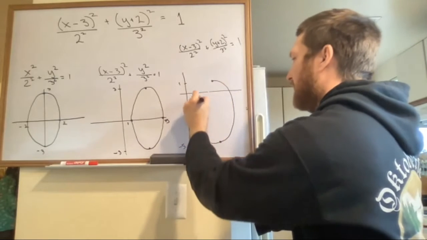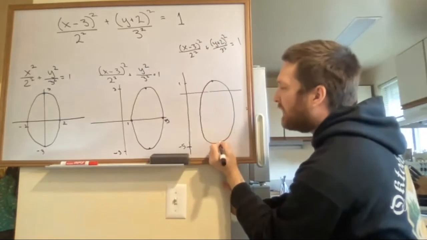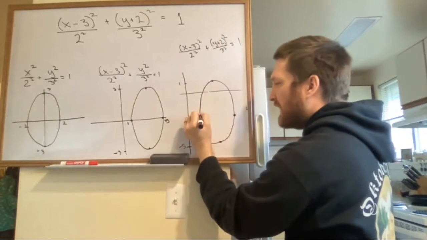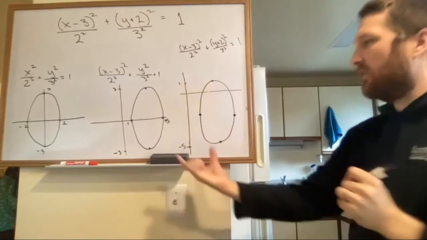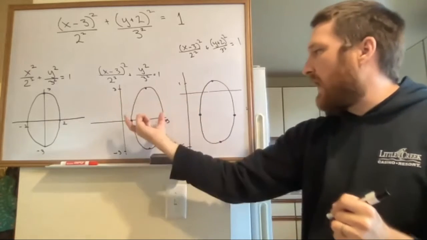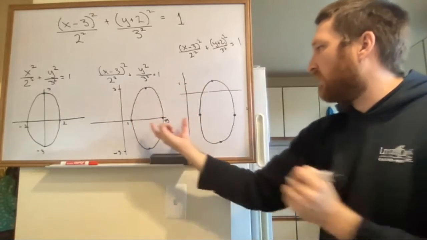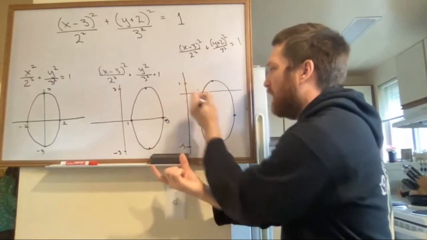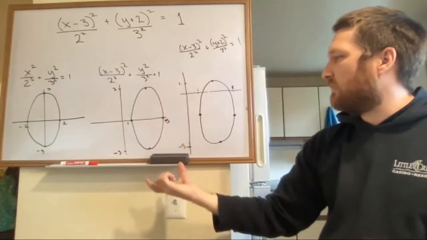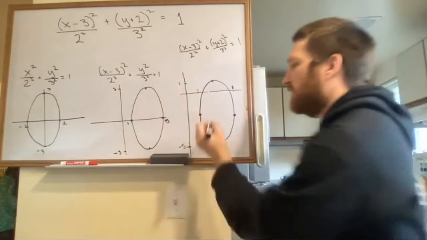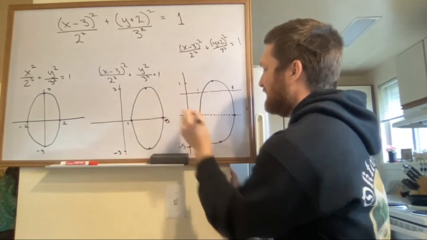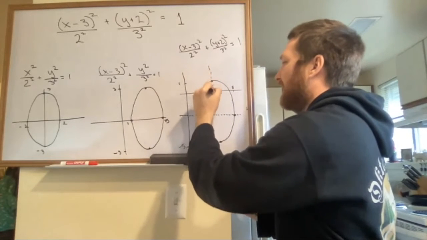Now, whenever we draw an ellipse, we want to label all the vertices. And so these guys are here and here. They were at 1 and 5, which means that they haven't moved left or right. Those 2 points were at 1 and 5. So they're still at 1 and 5, but now they've just been dropped down 2 units. And this is a hint as to the way that I like to do this.